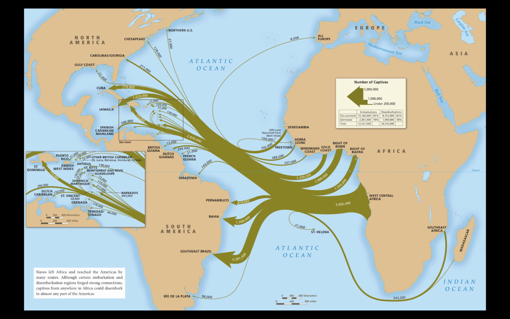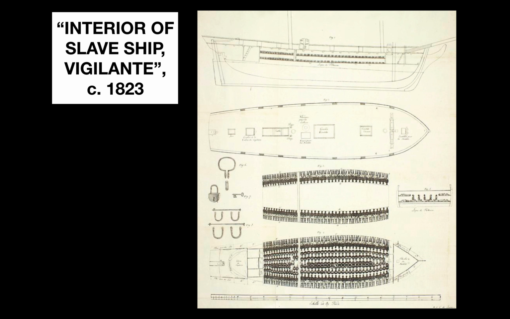Relatively fewer went to North America, although it's still in the hundreds of thousands. And that's a big part because of that sugar. Brazil and the Caribbean had lots and lots of sugar plantations. But you get more and more cash crops like tobacco and cotton emerging in the American South, which also requires large amounts of labor.